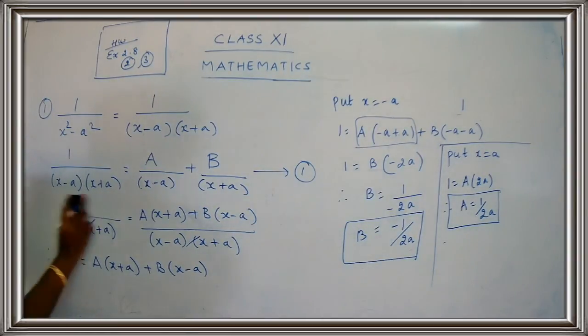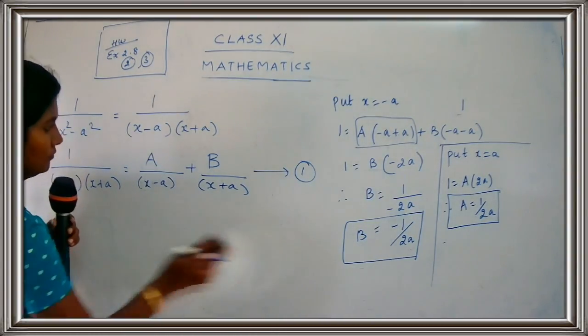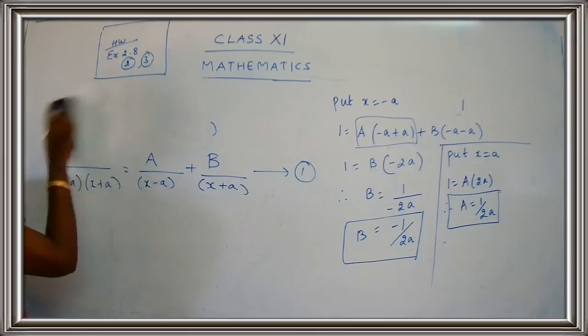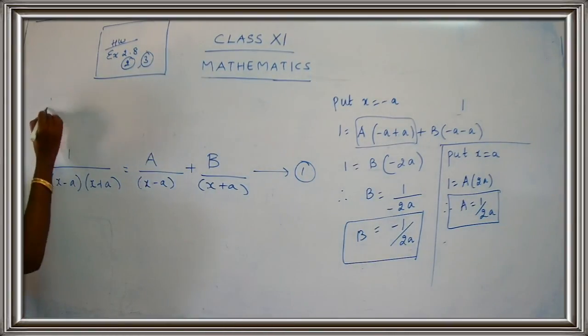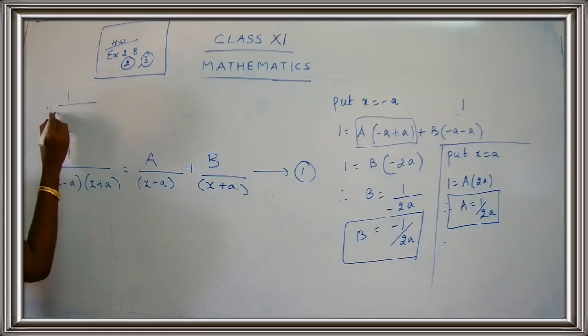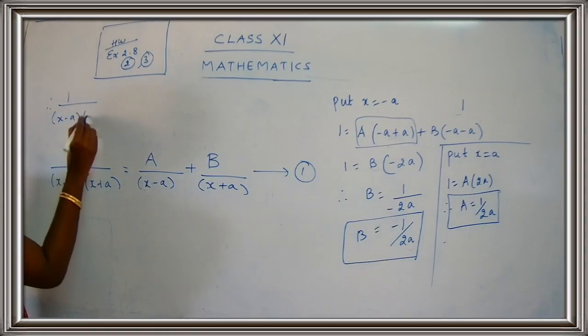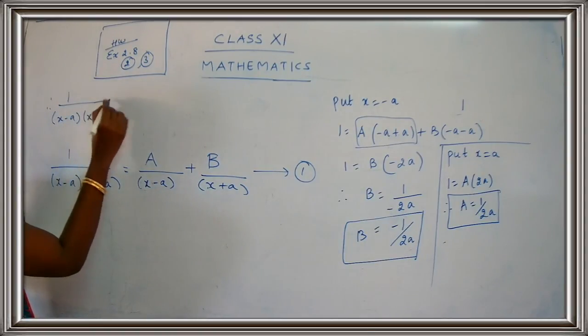Now let us substitute the value. I'll just keep this point for my reference. So I'll get here therefore 1 upon x minus a, x plus a is equal to a.